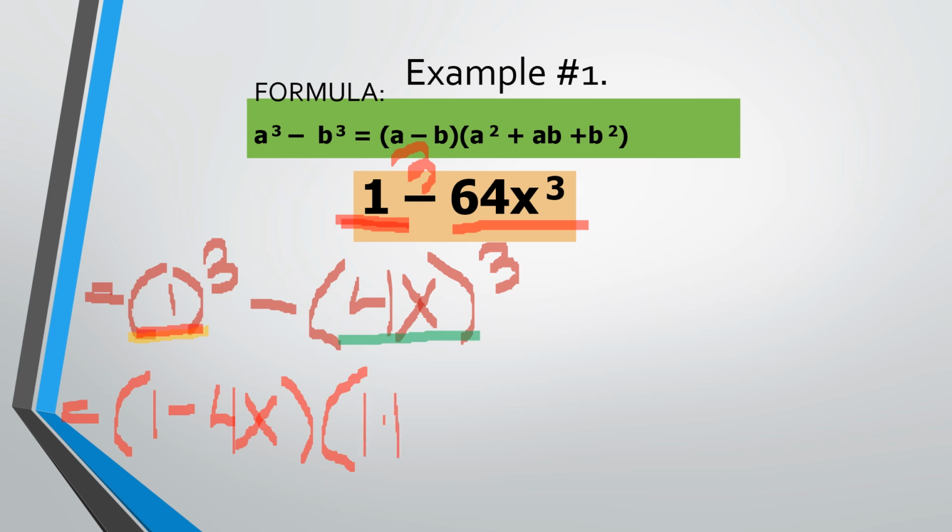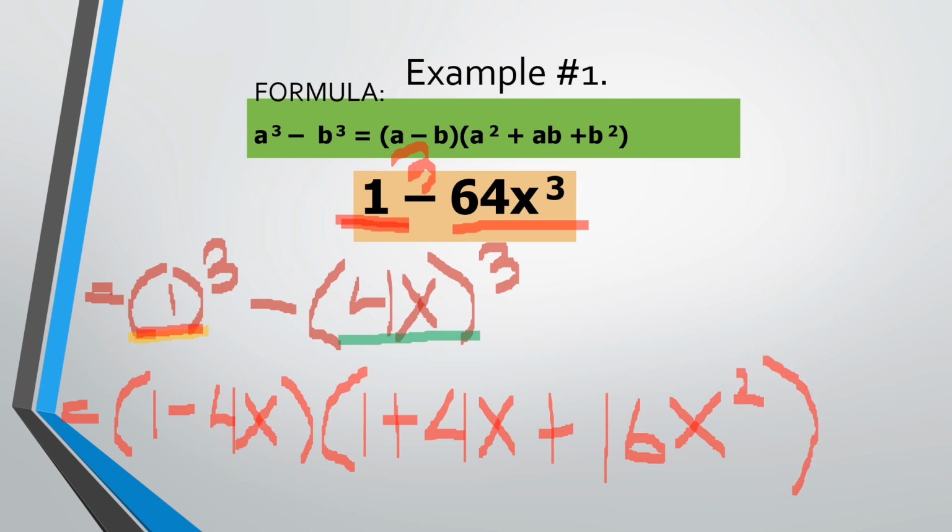Last, a multiplied by b. It means 1 multiplied by 4x, we have 4x. And plus b squared. Our b here is 4x. 4 times 4 is 16, and x times x is x squared. You close it, and that will be our answer.